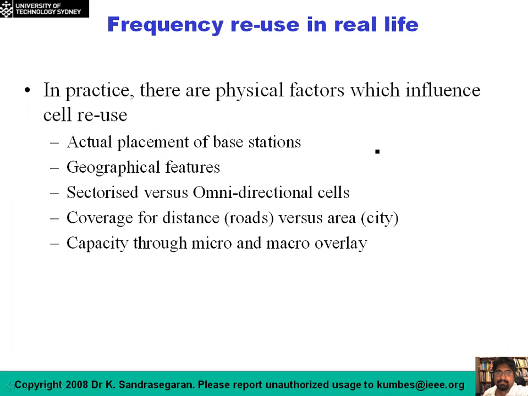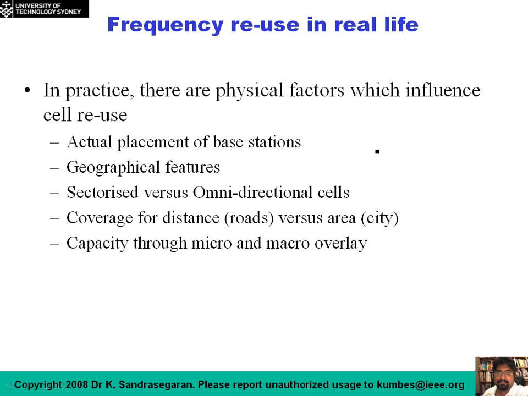Okay, now in reality, the ideas that I showed you were the ideal or the theoretical case. In reality, things don't conform to this, because you don't have a choice of where you can put your base stations.